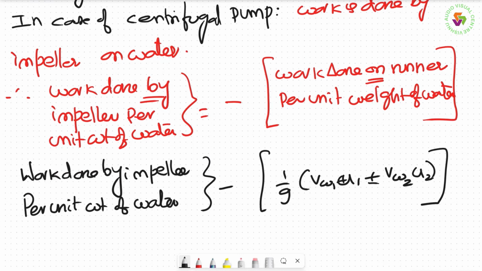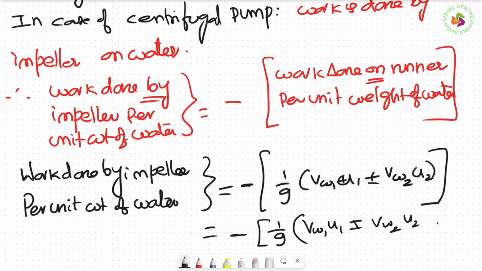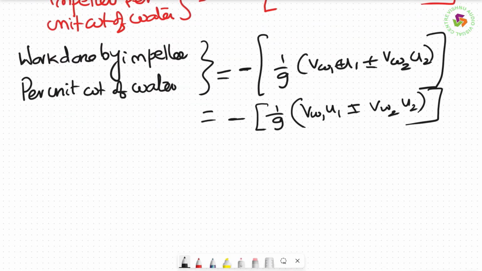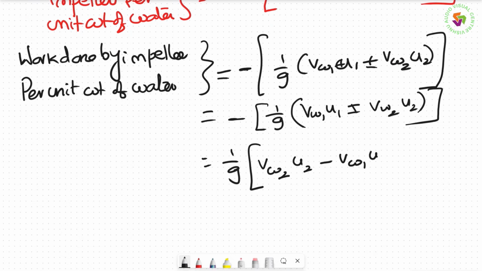Then if I take the minus inside, it is 1 by G into (VW2 U2 minus VW1 U1).